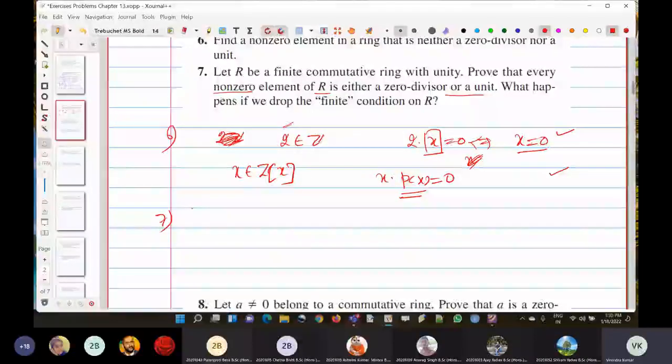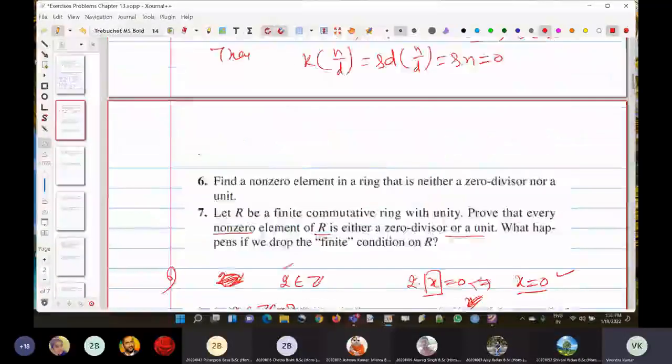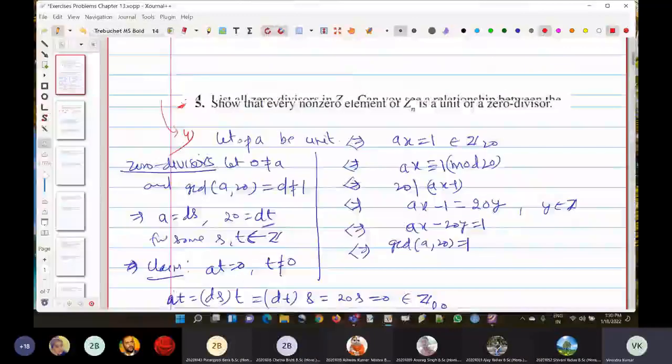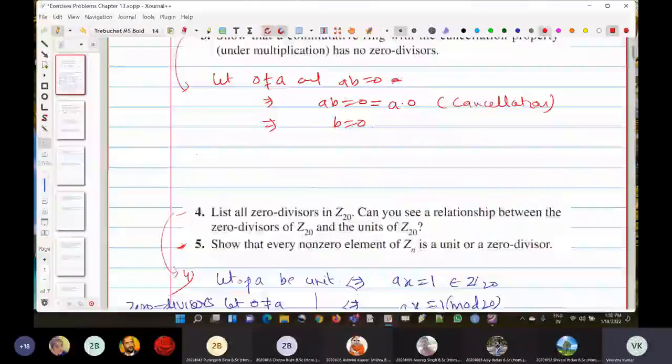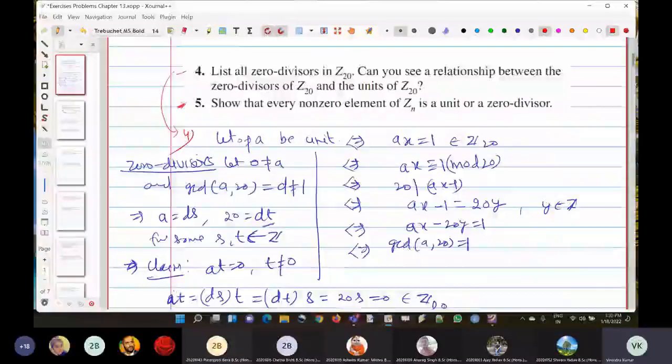So in Z20, in example number 4, they are asking whether you can see the relationship between the zero divisors and units of Z20. In fact, this is a finite ring, so elements will be either zero divisors or units.